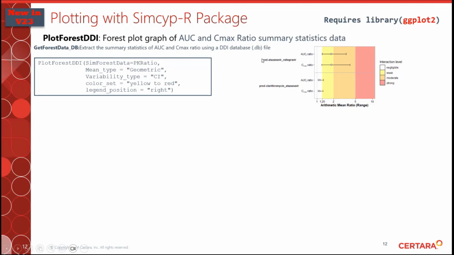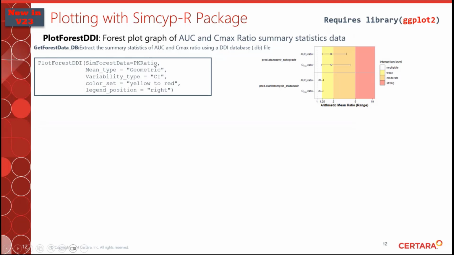In order to generate the statistics for the AUC and Cmax ratio, you would need to use the function called getForestData_db. This would generate a table from your database file consisting of the summary statistics of AUC and Cmax ratio. Once you have that table, you bring it into the plotting function, the plot forest DDI function.